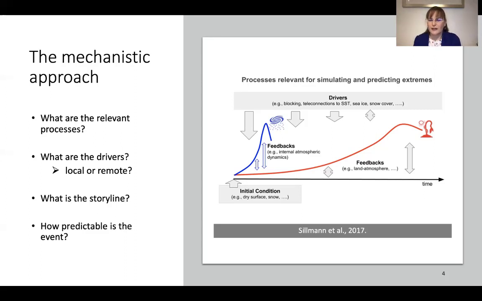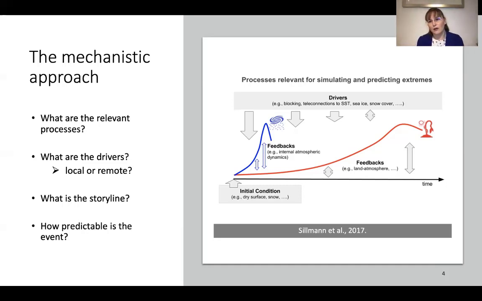You've also got to take into consideration the initial conditions, so how dry the surface is. And then, depending on what sort of event you're looking at, if you're looking at a windstorm or high precipitation event, then you might get responses on a fairly short timescale.